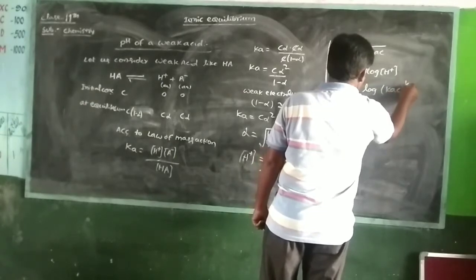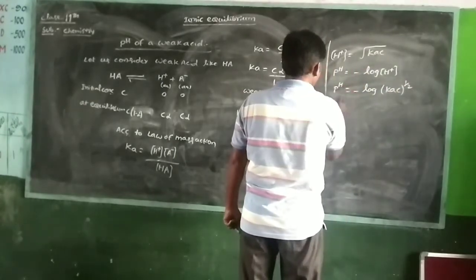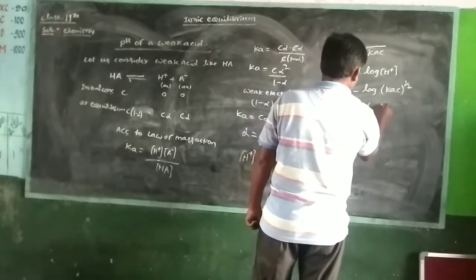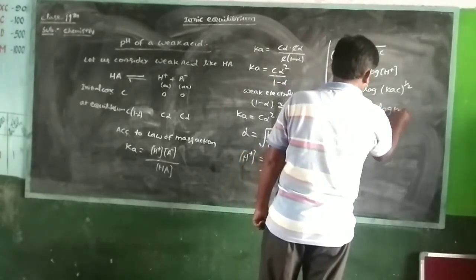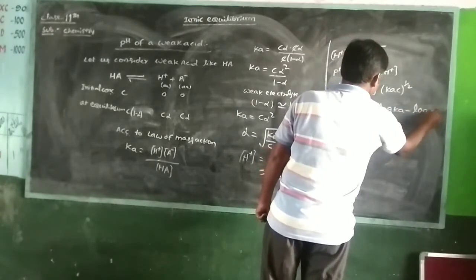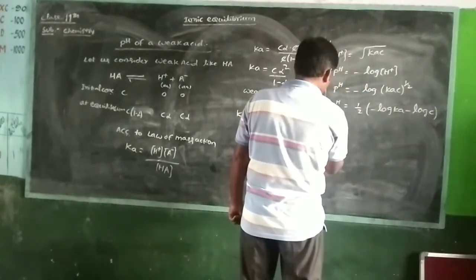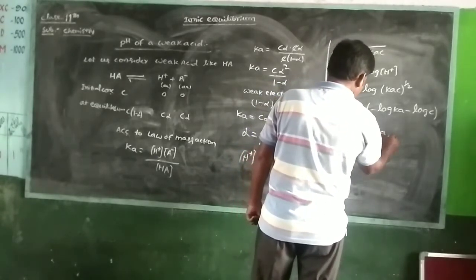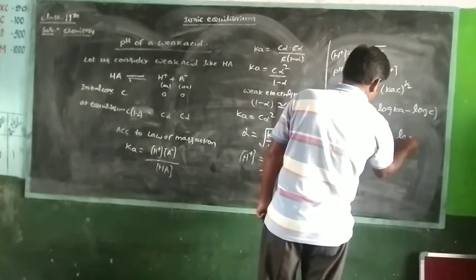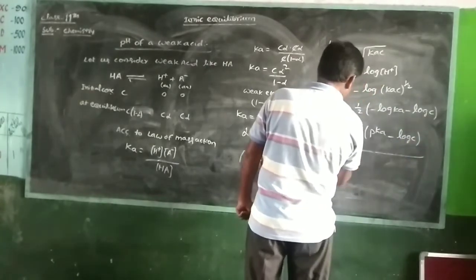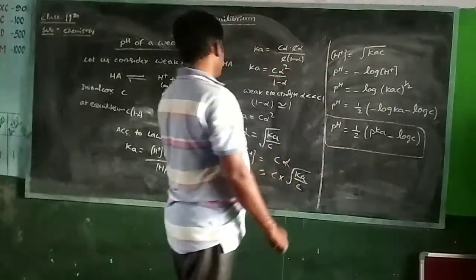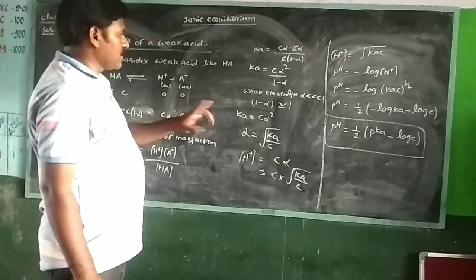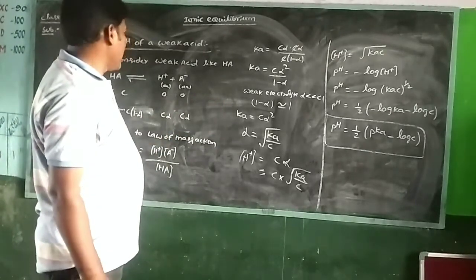So pH is equal to half of minus log Ka minus log C. We can write pH is equal to half of pKa minus log C. This is the pH formula of a weak acid.